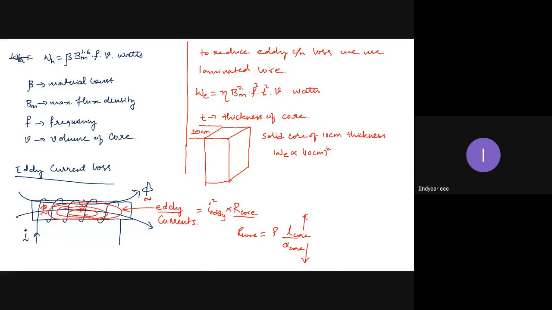So it is proportional to 10 centimeter square. What we will get here is, it is 100 into 10 to the power minus 4. How much I get? Eddy current loss is proportional to 0.01. Let it be.